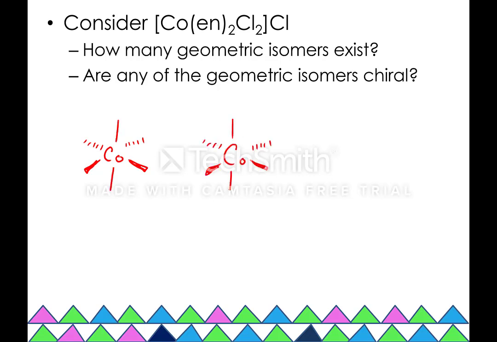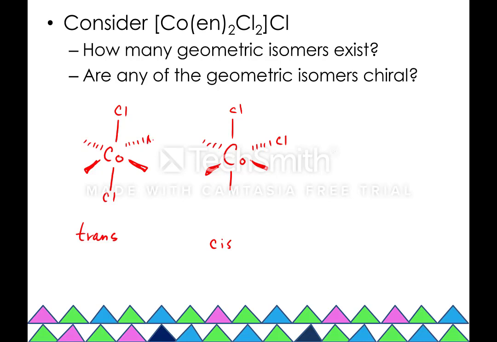We have two options. We could either put our chloroligands trans to one another, or we could put our chloroligands cis to one another.